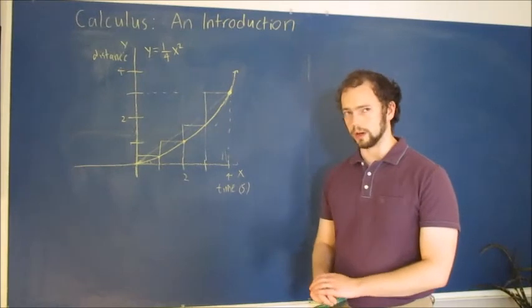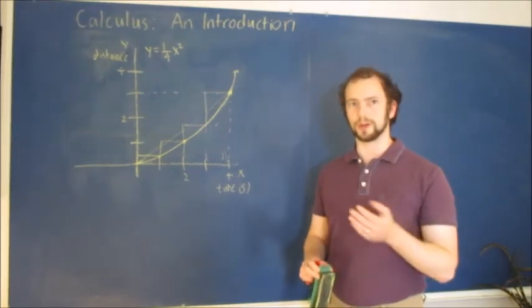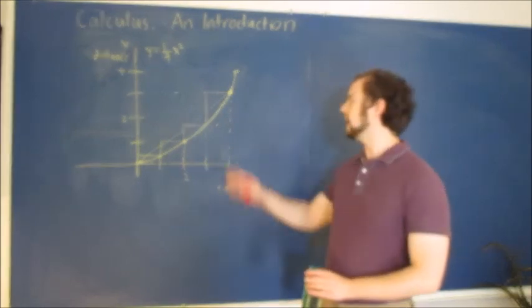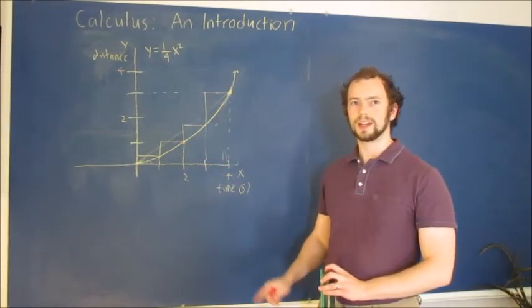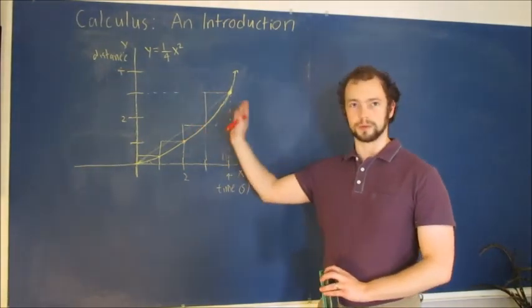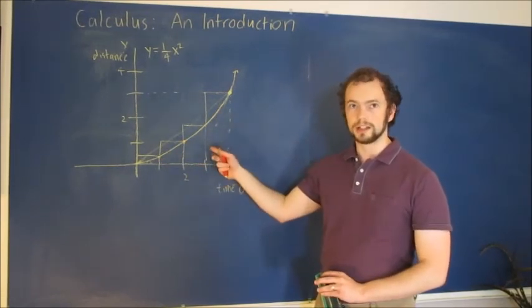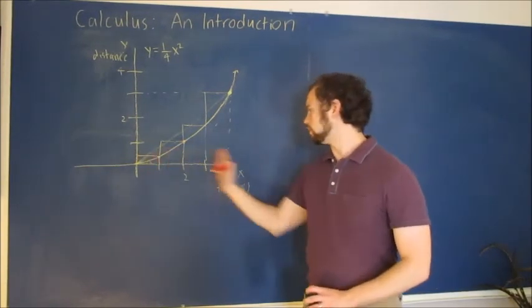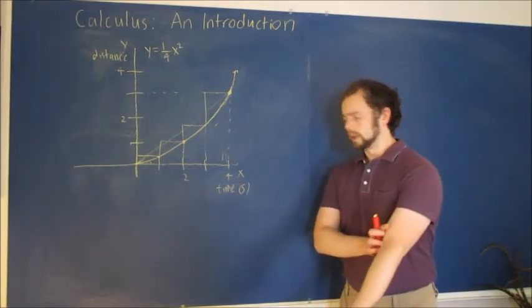In the next video, we'll get into that, and then in subsequent videos, we'll finally take a look at how these two problems can be solved to get an exact expression for the slope of a tangent line at any point, and the exact area under the curve, for some given interval, right?